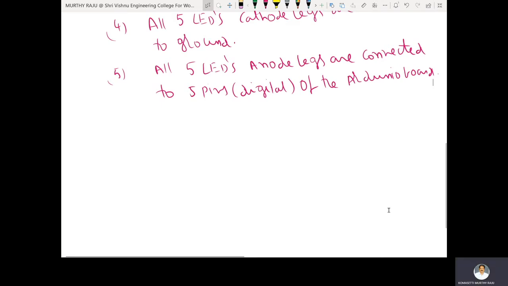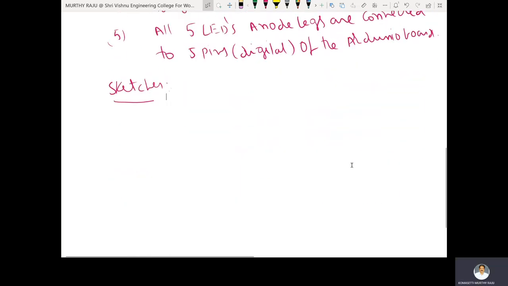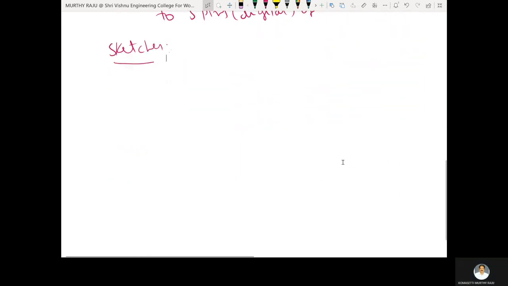Once these connections are completed, next step is code written, sketches, for 5 multiple LEDs blinking in increasing order from left to right. First one is preparation block. This one is void setup. Configure the pins.